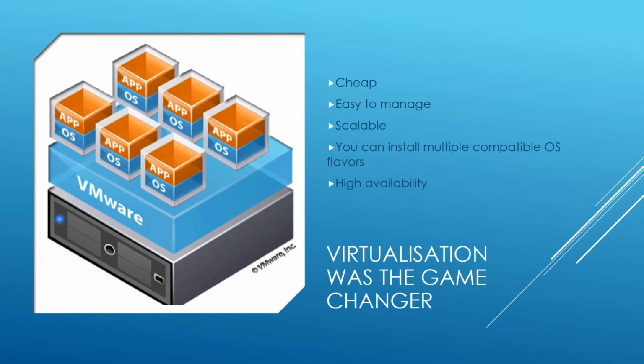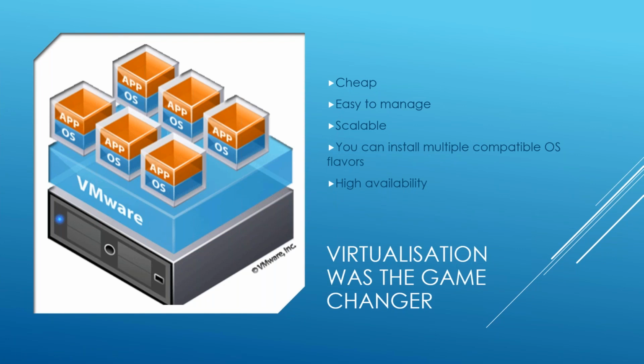And it's cheap because you no longer need to buy more and more physical servers, and it is very easy to manage because it's a single host. You just need to understand how the VMware software works. It is scalable also, because you can run multiple servers, host your application, and create a load balancer between them, so your application will serve a good amount of traffic.